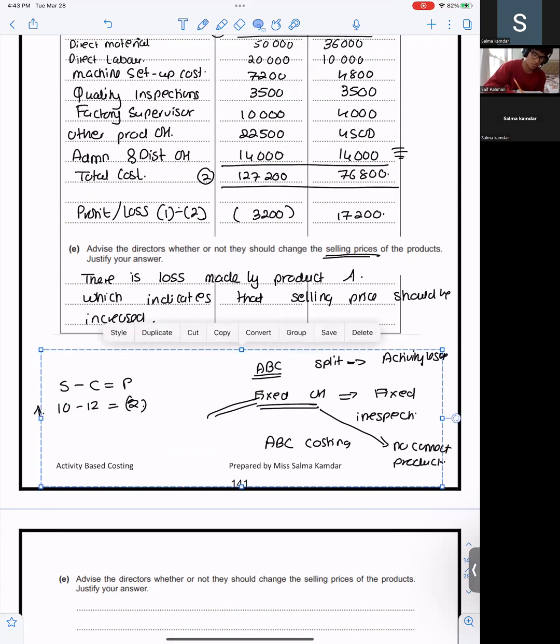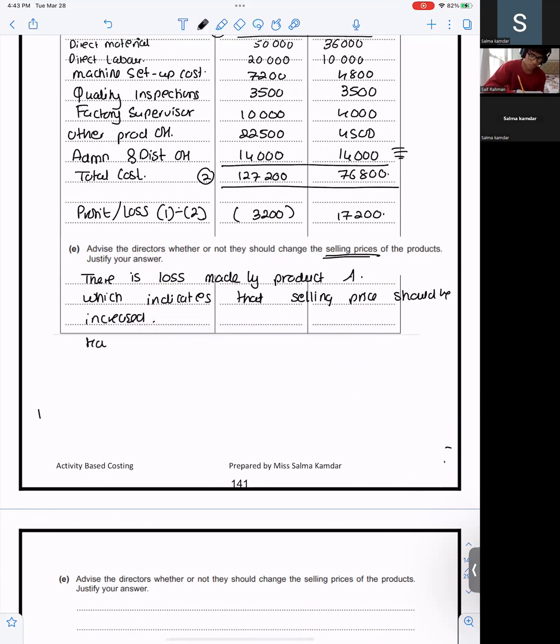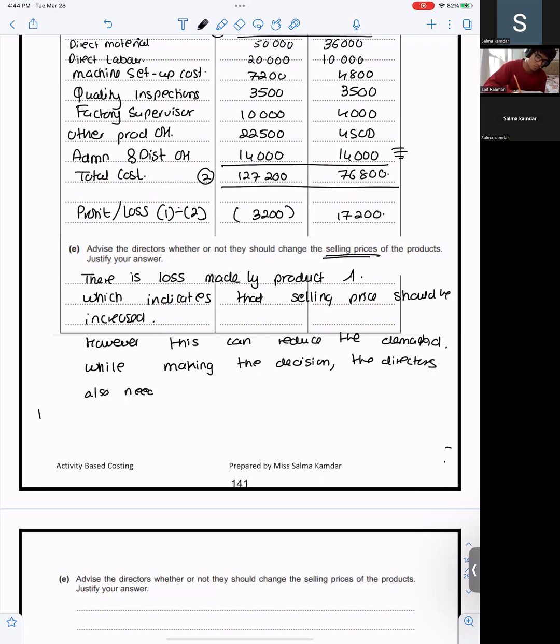However, this can reduce the demand. While making the decisions, the directors also need to keep in mind what?